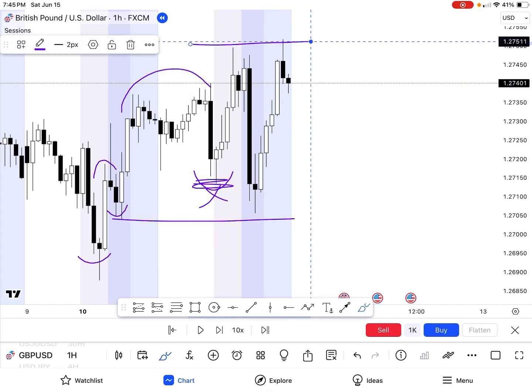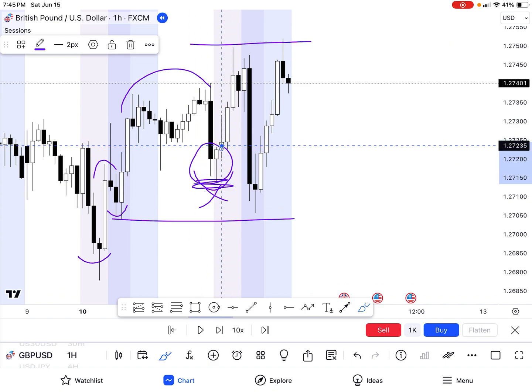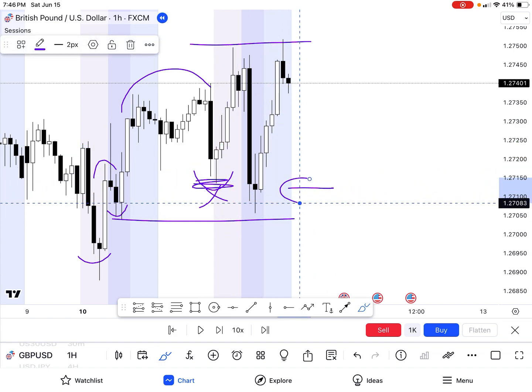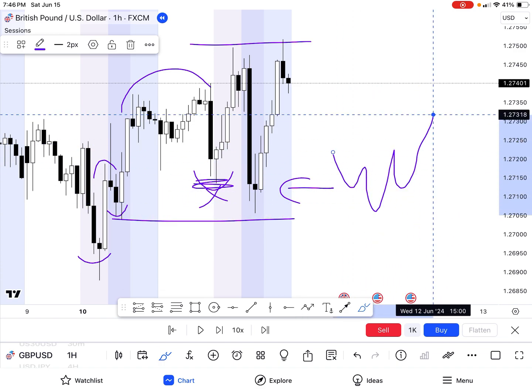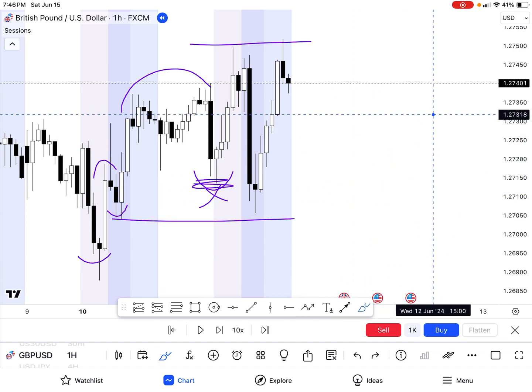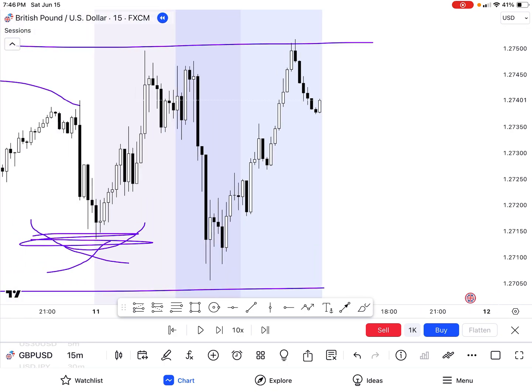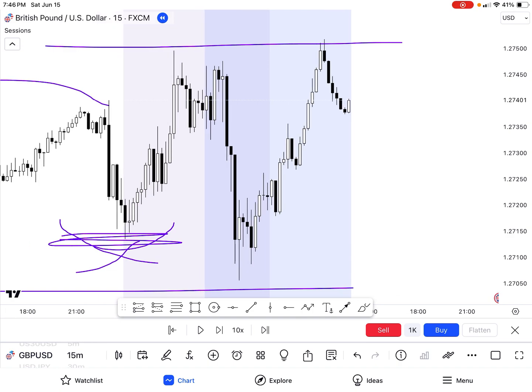Okay, so I know it took this out, but after we take that out and make a new low with this move, is it going to reaccumulate? If it's going to reaccumulate, it's got to be seen in the 15 minute. It did reaccumulate.